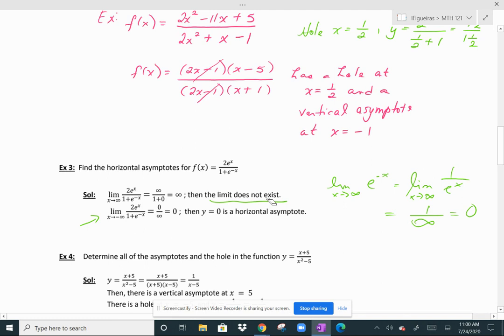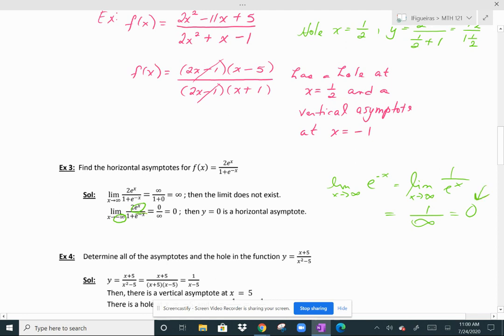Now let's look at it from the other perspective, as x approaches negative infinity. So as x approaches negative infinity, my numerator is going to approach 0, because remember, as this goes to negative infinity, this is actually e to the negative infinity, which basically brings us back to this. You end up with 0.